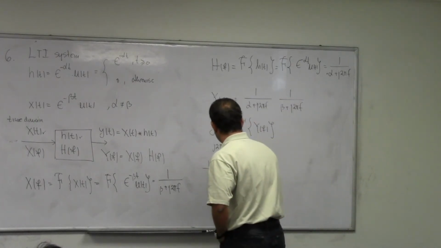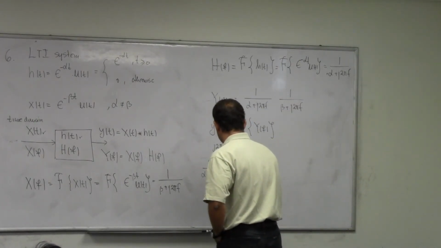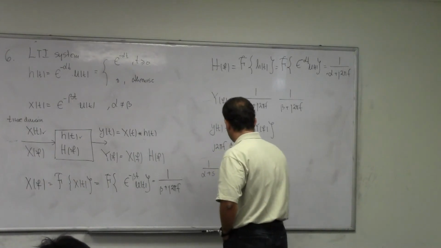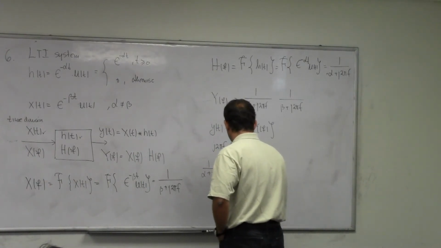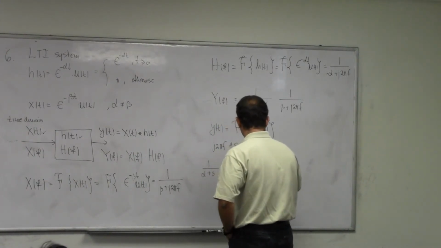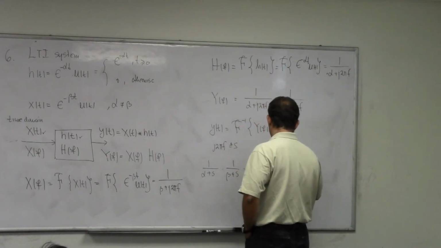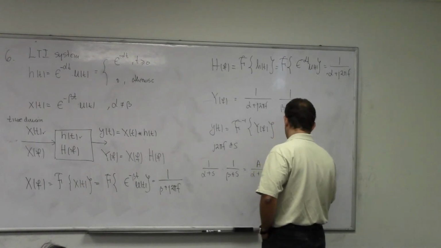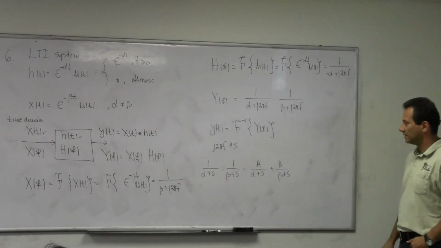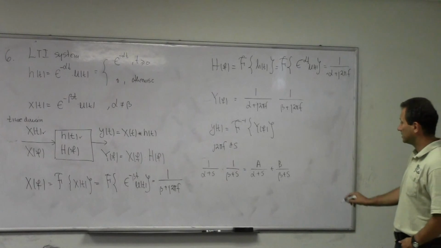Then look at Y, 1 over alpha plus s times 1 over beta plus s. I'm going to write this as A over alpha plus s plus B over beta plus s. That's our partial fraction expansion.